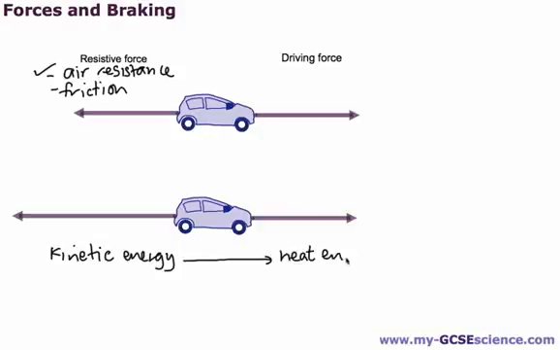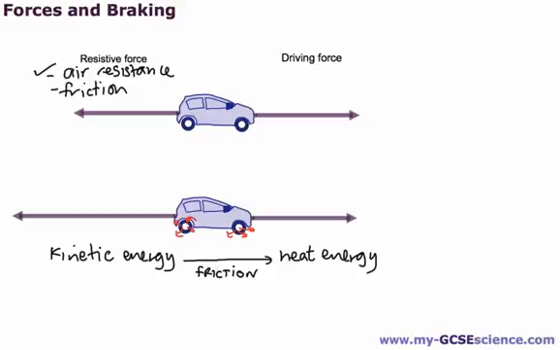Now the reason for that is that we have friction of the brake shoes against the wheels, so that causes friction, and that friction is then converted into heat energy, and that heat energy is then given off to the surroundings. So when a car brakes, all that kinetic energy is converted into heat energy in the brakes, and that heat energy is transferred to the surroundings.